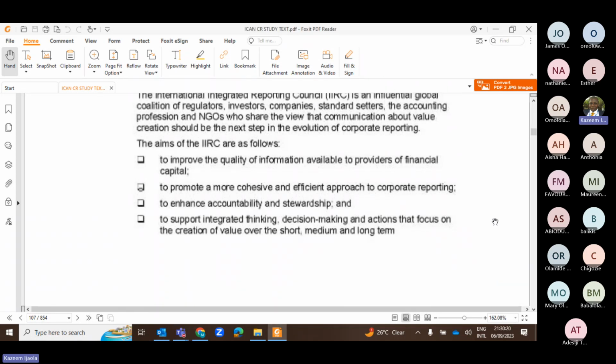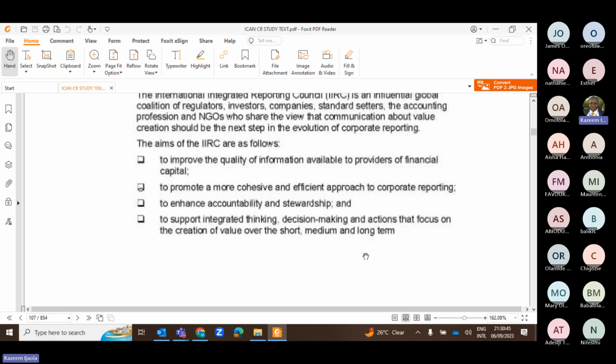So when a banker reviews your integrated reporting, they will be able to understand your strategies and how your strategies will result in value creation in the short, medium, and long term. Also, it promotes a more cohesive and efficient approach to corporate reporting, and it enhances accountability and stewardship.